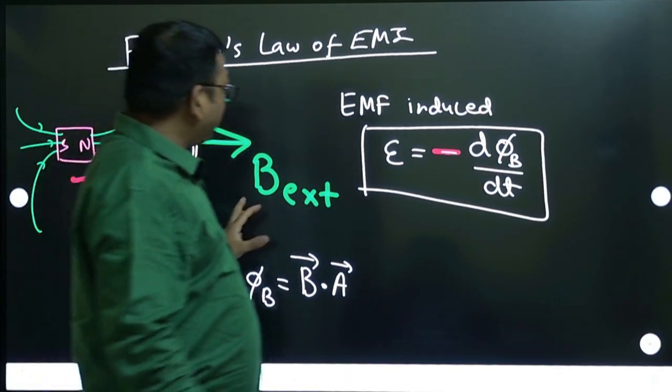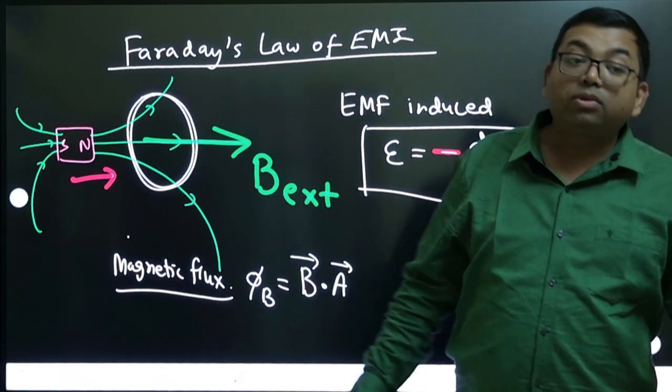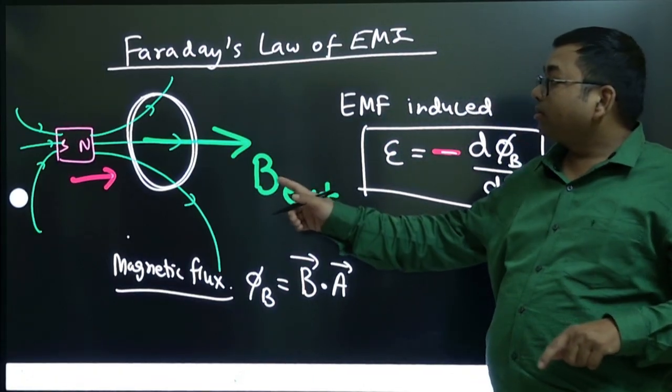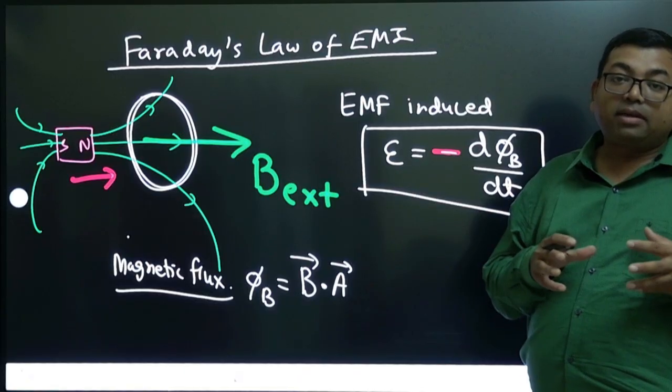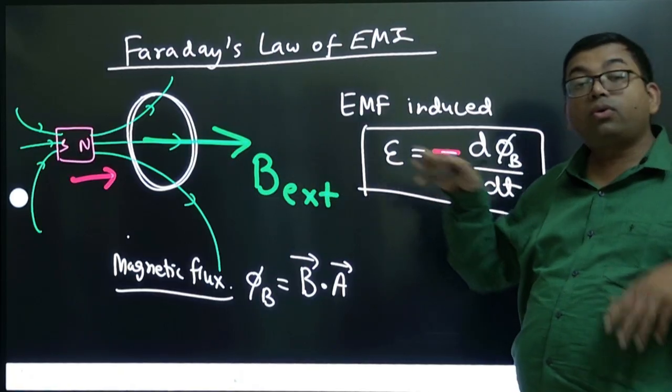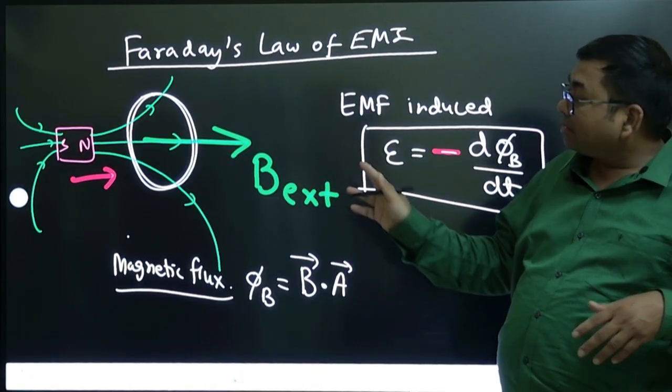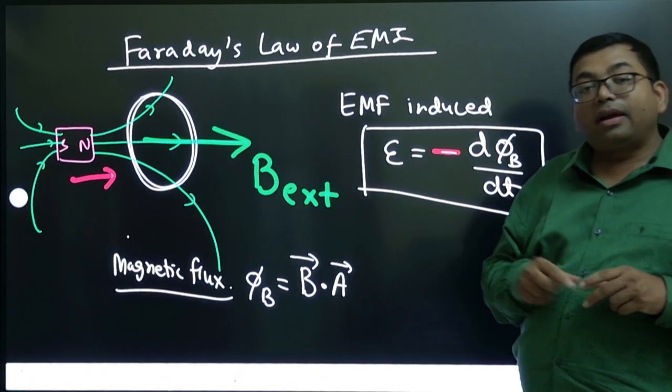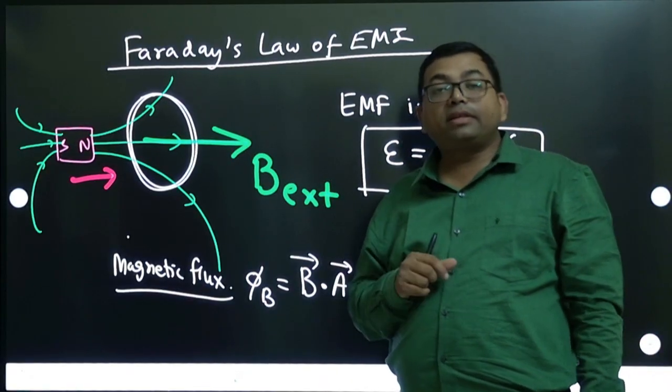External means this is the magnetic field produced due to that magnet which is moving. So this external magnetic field is increasing in this direction because the magnet is moving closer. So in this direction magnetic field will increase, and because of that flux will increase.